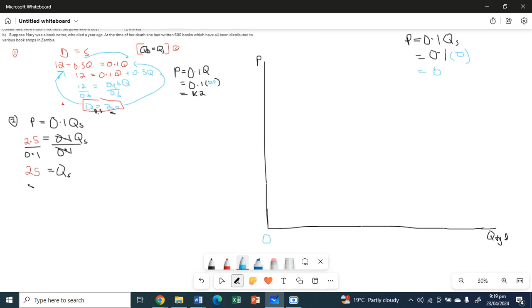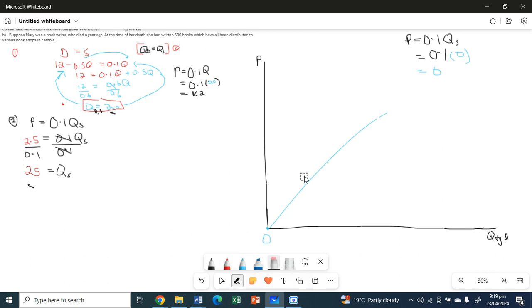So it means our supply function is starting from the origin, or cutting the y-axis at the origin. So you draw your supply curve.